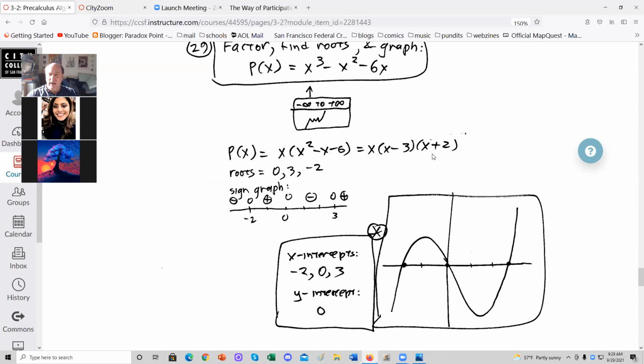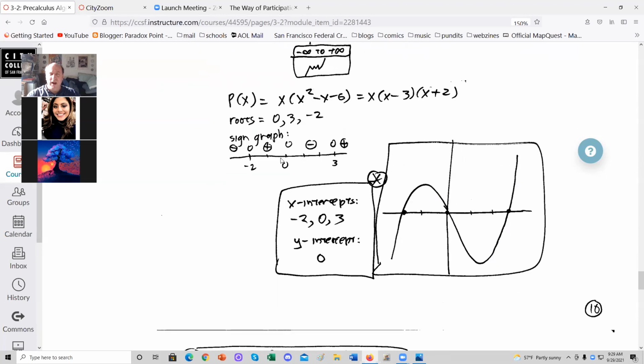All right. It's 0 when x is 0, or x minus 3 is 0, which means x is 3, or x plus 2 is 0, which means that x is negative 2. So you draw a sign graph, then x is negative 2 or 0 or 3, y is 0. It goes from negative to positive to negative to positive.